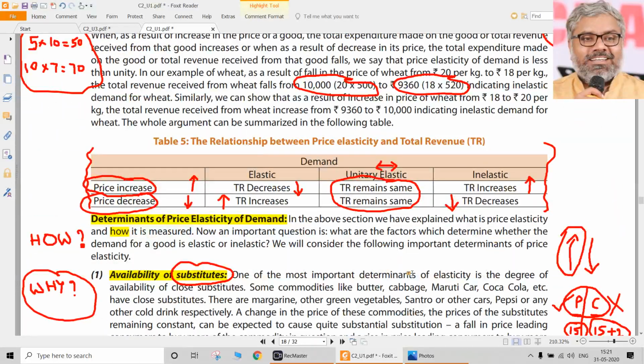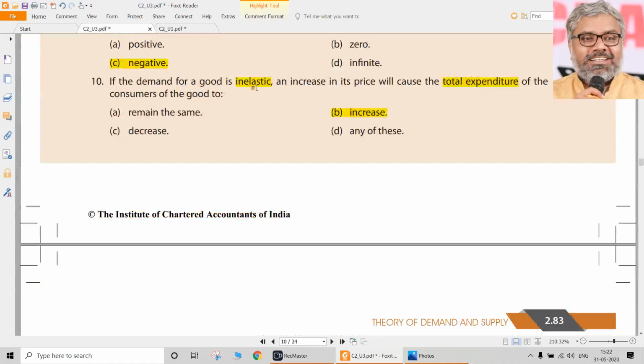Yeah, this is the table I was talking about, table number 5. This table you should be very much thorough with. So if the product is inelastic and price increases, total revenue also increases; price decreases, total revenue also decreases. And that is the question here. Demand is inelastic and price increases, so naturally the total expenditure also increases.